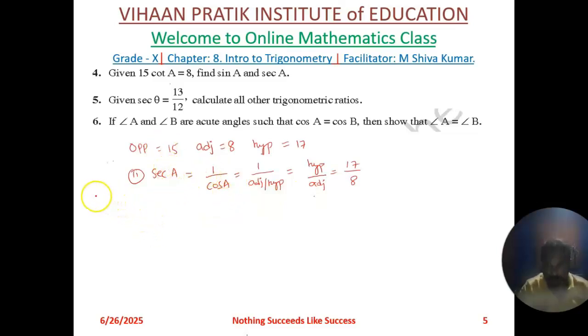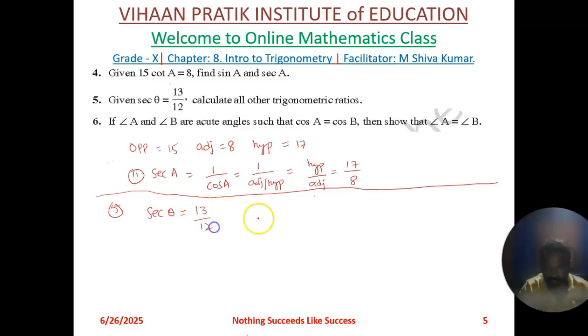Now problem 5 is similar to the above problem and all the above problems. We can see that in problem 5 it is given that secant theta equals 13 by 12. Now here 13 represents secant. We know what secant is. Secant is 1 by cos.